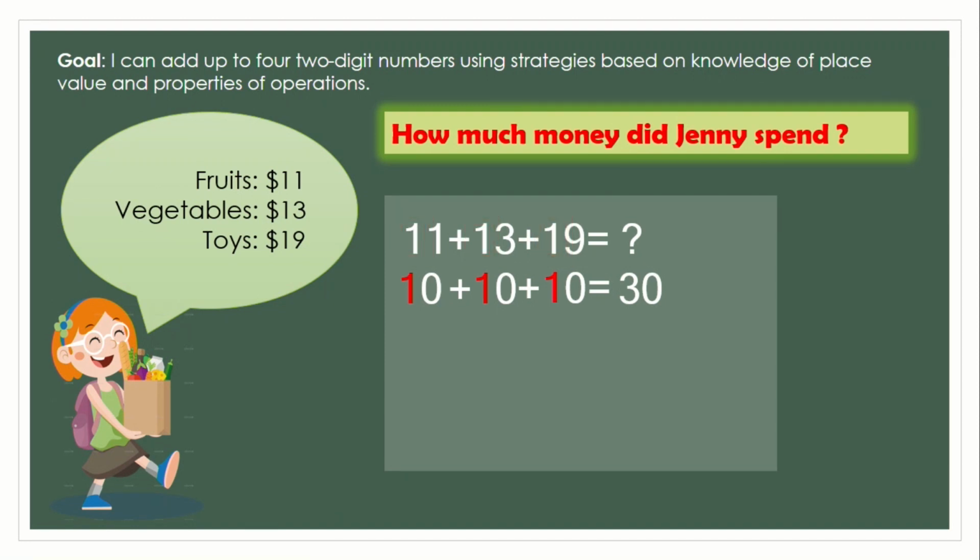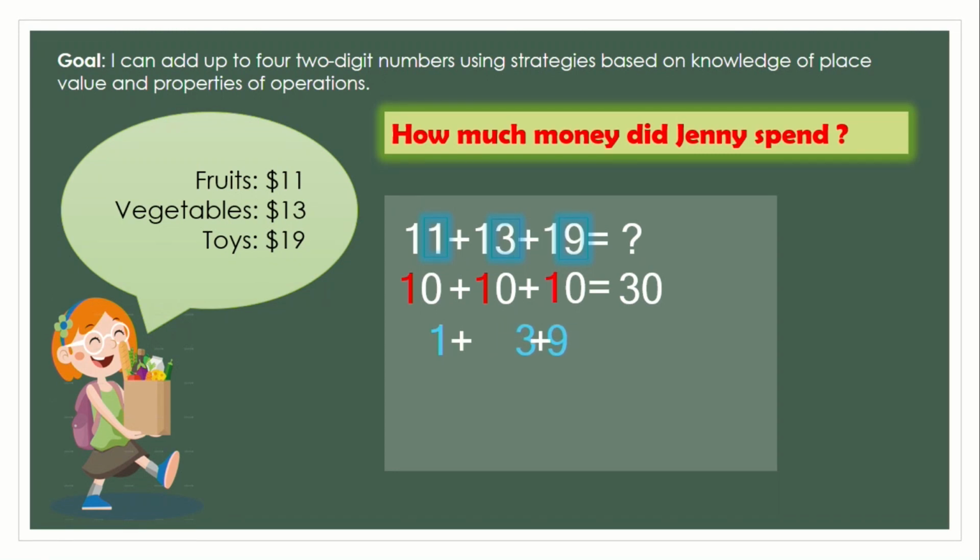Next, I need to add ones place numbers. They are 1 and 3 and 9. I want to use make 10 strategy here because I know 1 plus 9 equals 10. And I also know that I can change the order of addends to get the same sum.